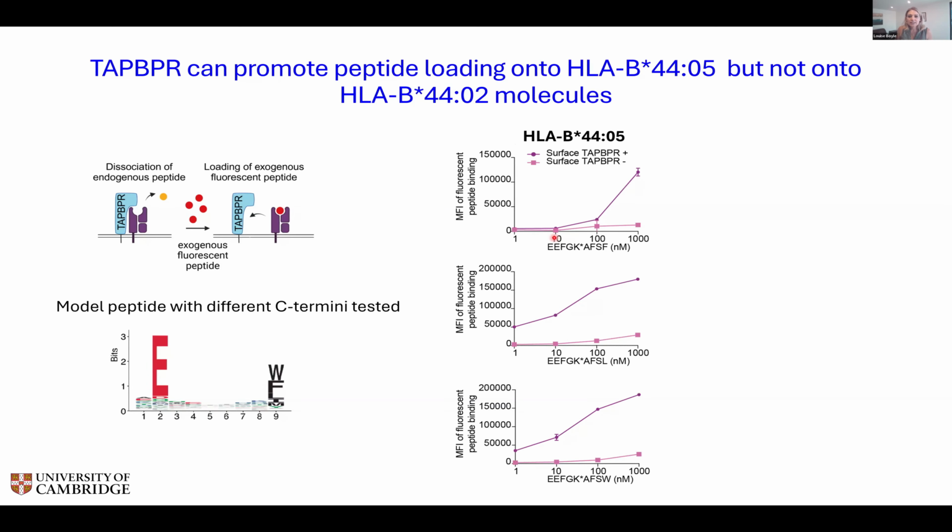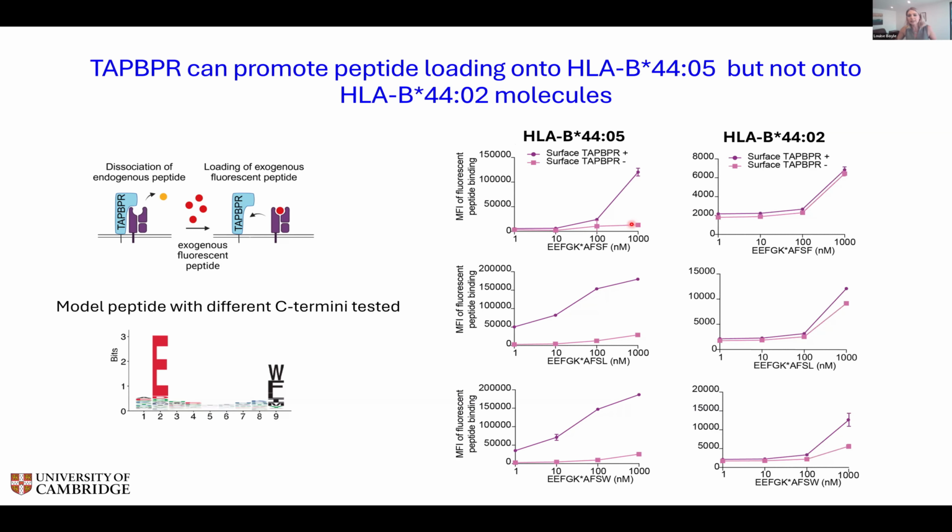And what we found is that for B4405, TAPBPR could load peptides onto these MHC class 1 molecules. And we found that TAPBPR appeared to load peptides with a C-terminal tryptophan or a C-terminal leucine more readily than it did with a C-terminal phenylalanine.